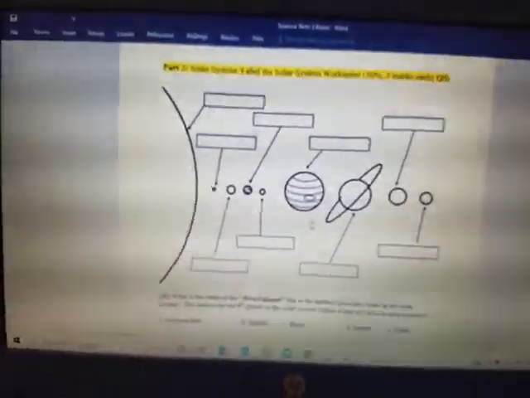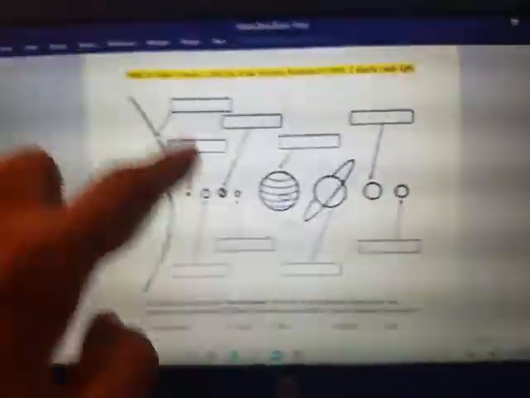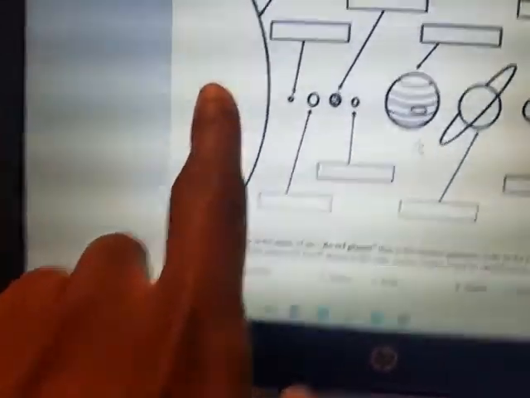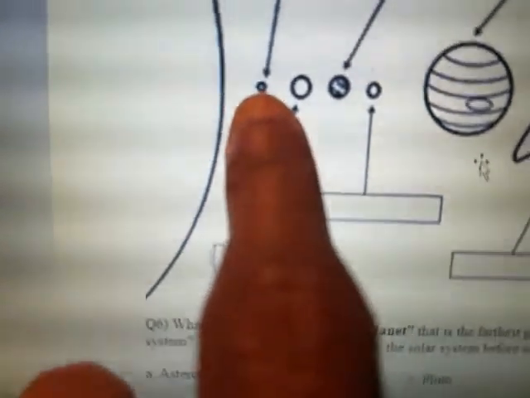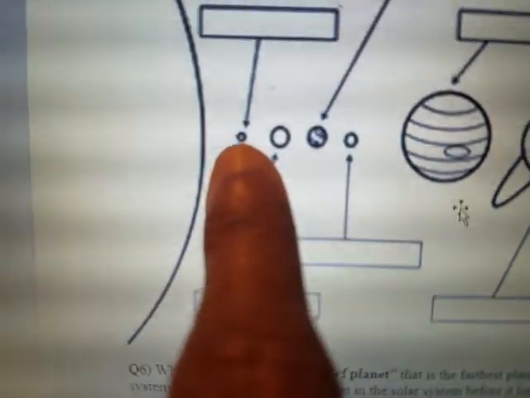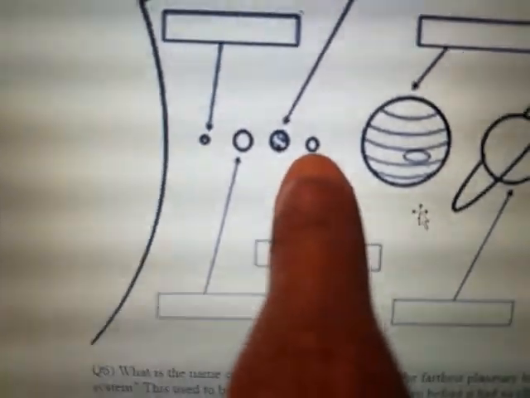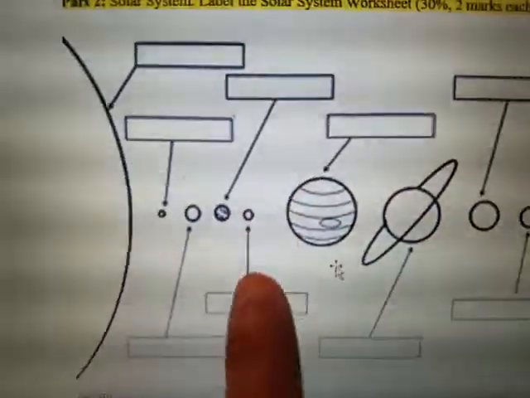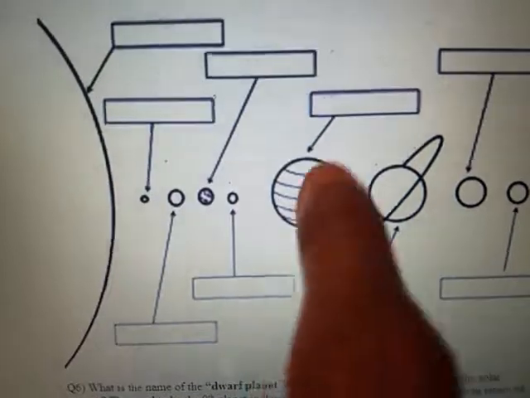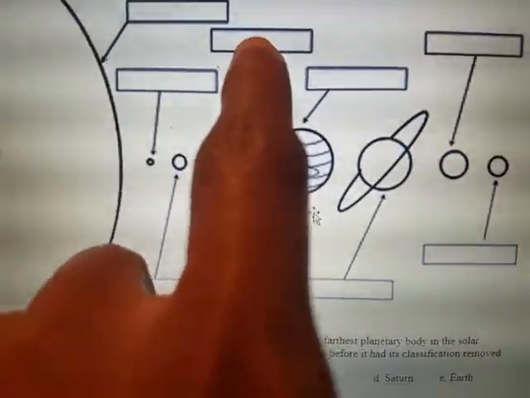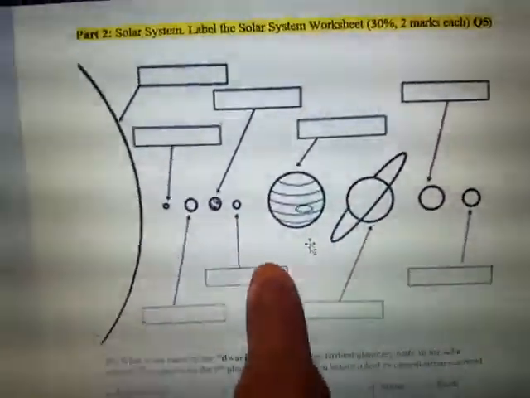So, for example, this big object, which is the largest one in the solar system, obviously is the sun. Then you have Mercury, which is the closest planet, Venus, Earth, Mars, and remember, in between Mars and Jupiter, you have the asteroid belt, right? Do not forget that. That will be on the test.